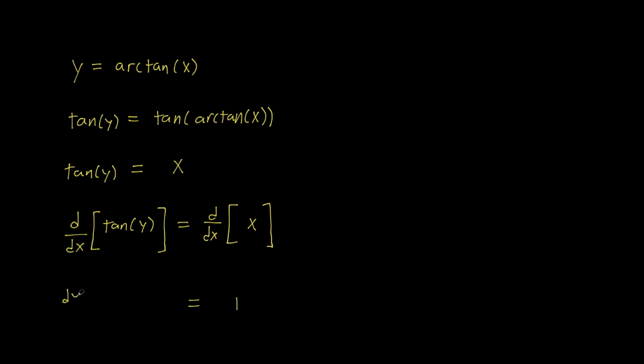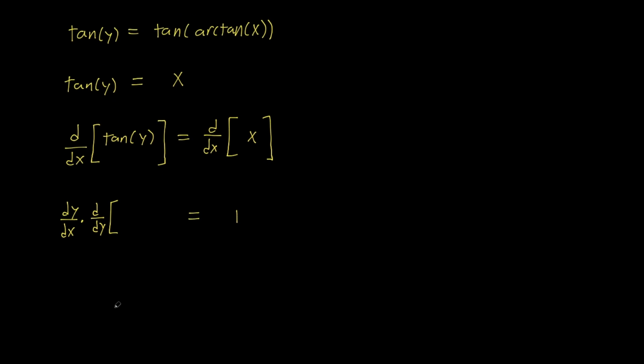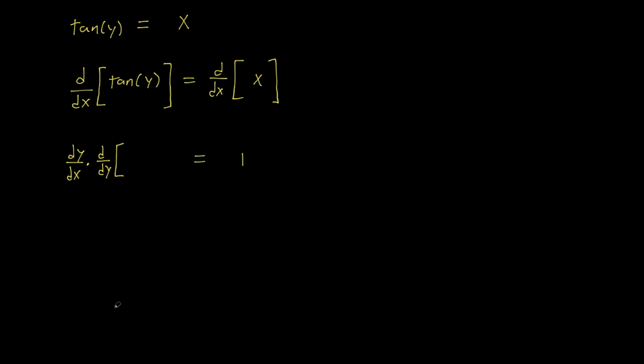So we have chain rule here, we have dy dx times d dy of tangent y. Now the derivative of tangent y with respect to y is just going to be secant squared.